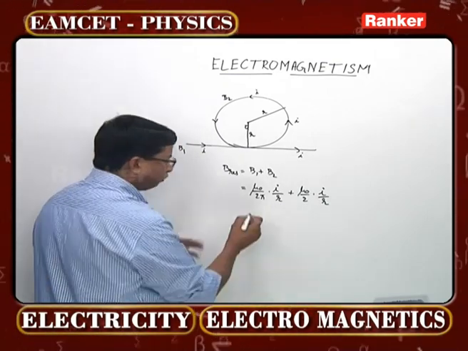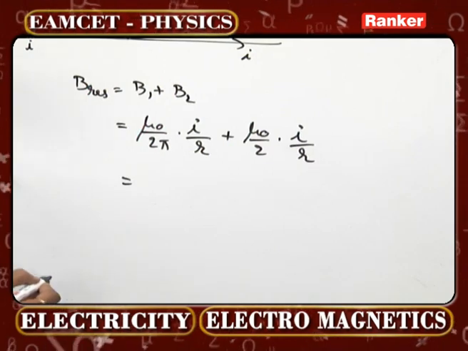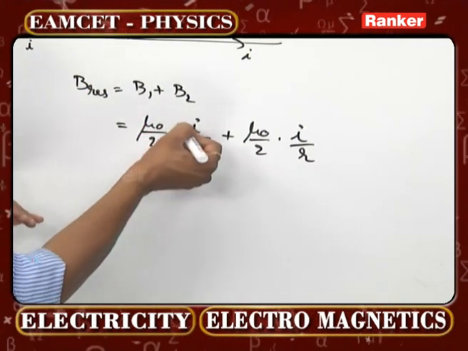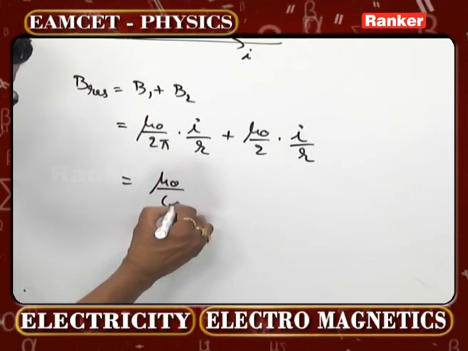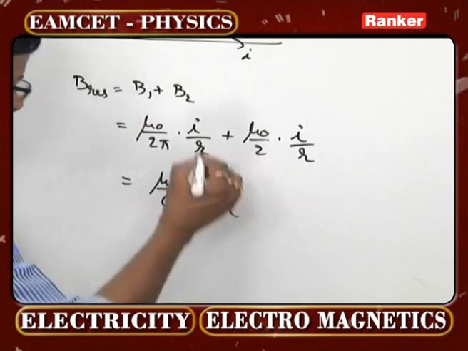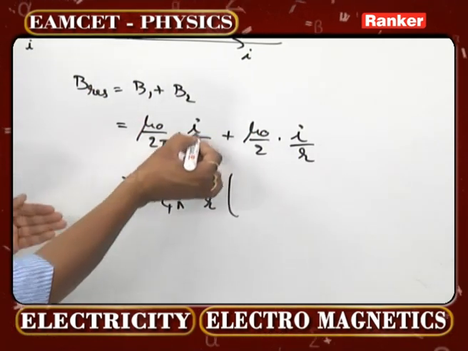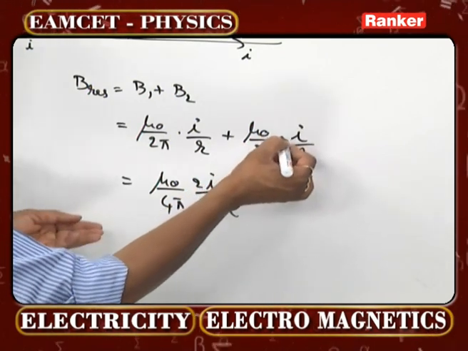Now, just look at this one carefully please. Mu naught by 4 pi he is giving in the options. So, better multiply and divide by 2. Then what will you get? Mu naught by 4 pi here, 2I by R you can take common. Now, what is left over here? Here also you will be having 2.